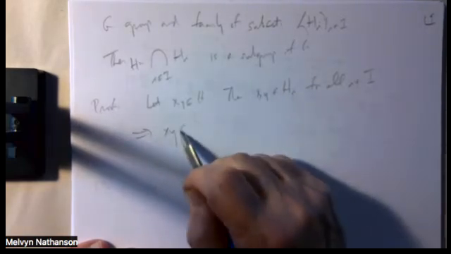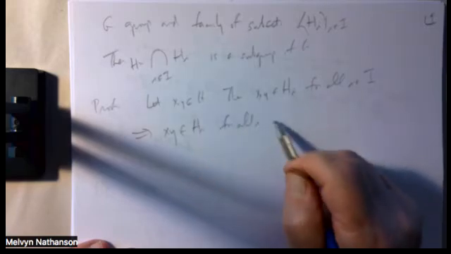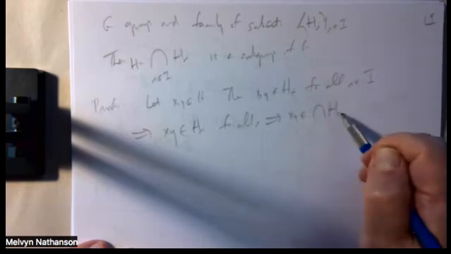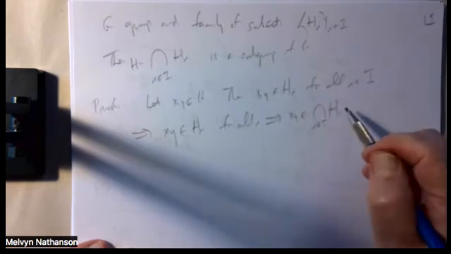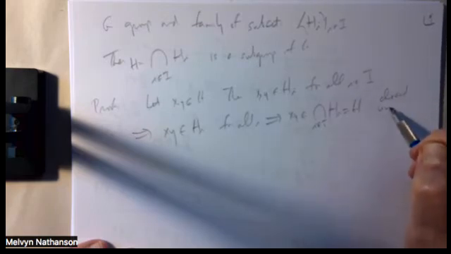So X times Y is in H sub I for all I. So XY is in the intersection of the H sub I. So H is closed under multiplication.